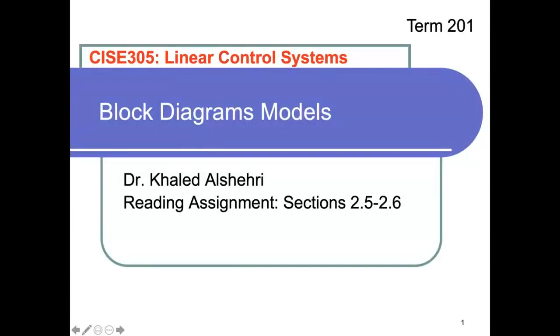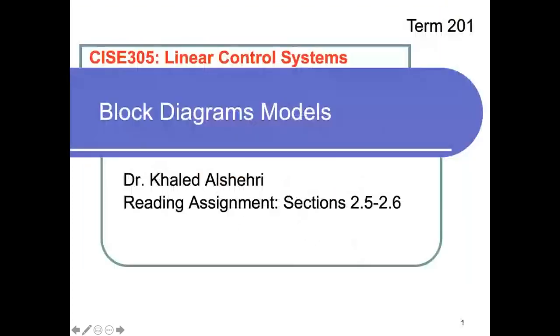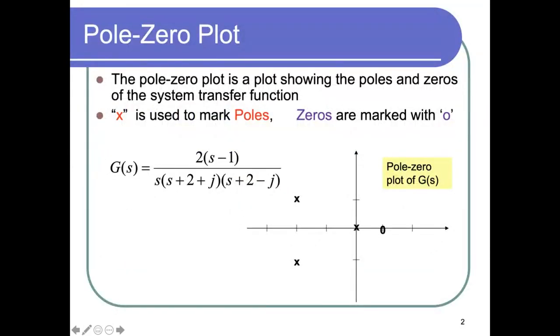So before we talk about block diagram models, let me just define something real quick. We have what's called the pole zero plot, and this will be very useful for the remaining part of the course. If I have a transfer function of the following form, with a numerator and a denominator, we can plot the poles and zeros using the imaginary plane. You put x for the poles and 0 for the zeros.